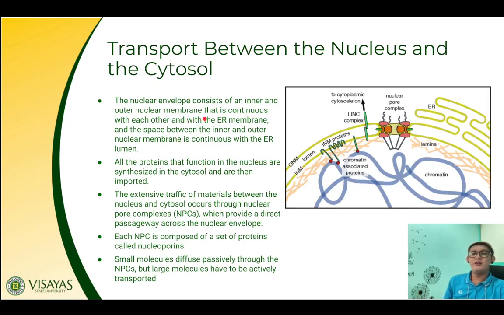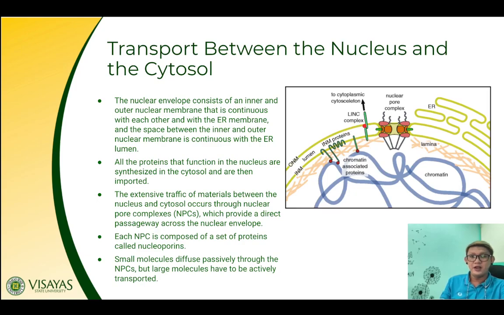So we will now talk about the gated transport, or the transport between the nucleus and the cytosol. The nuclear envelope consists of an inner and an outer membrane.